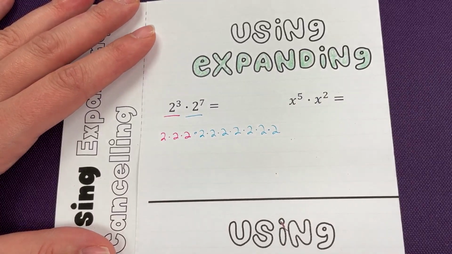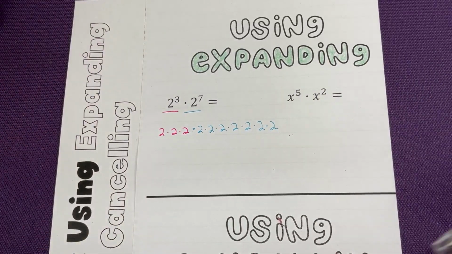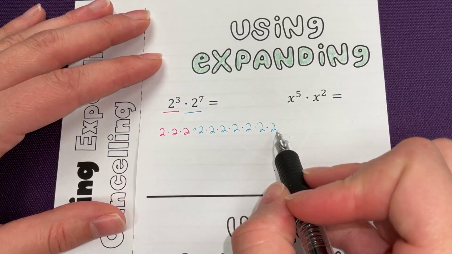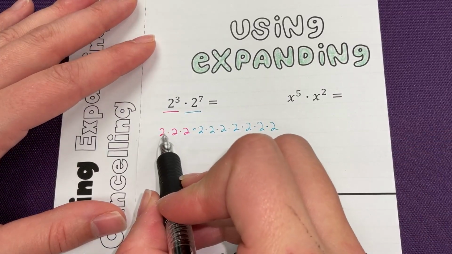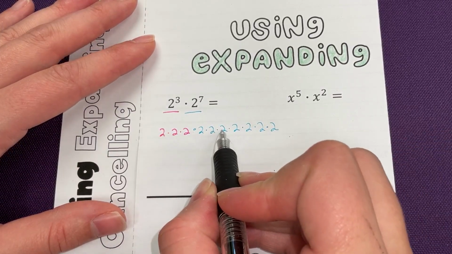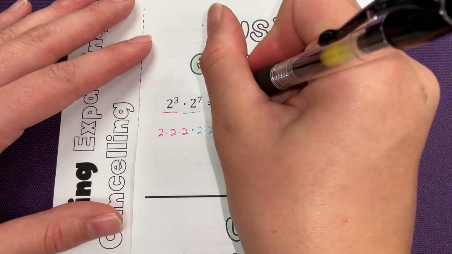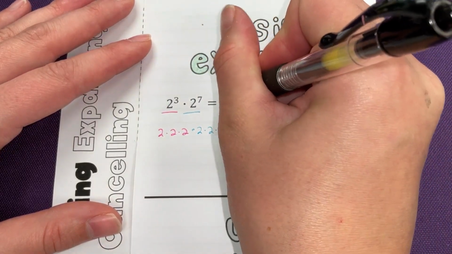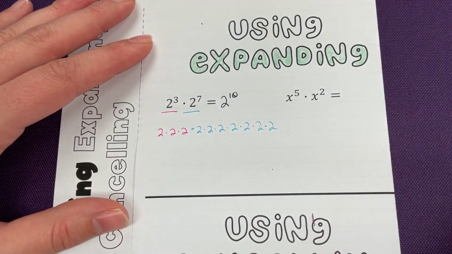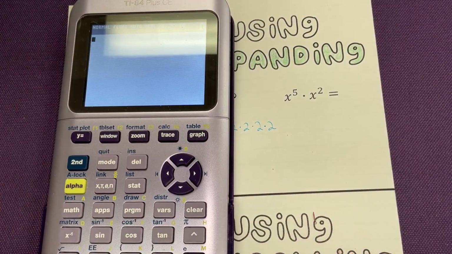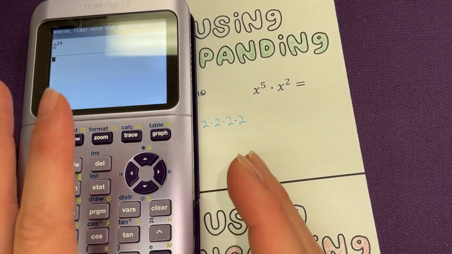I just double checked to make sure that these are all correct, and what I do is count how many there are: 1, 2, 3, 4, 5, 6, 7, 8, 9, 10. So that means we have 2 to the 10th. We want to check that in our calculator, and that is 1024.